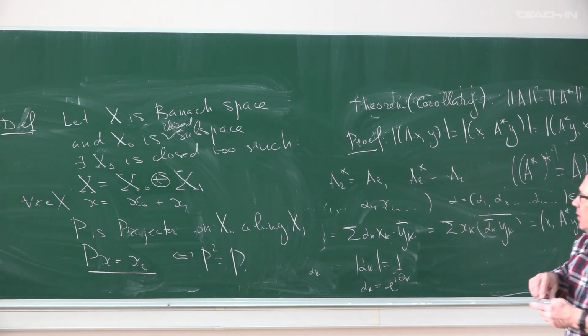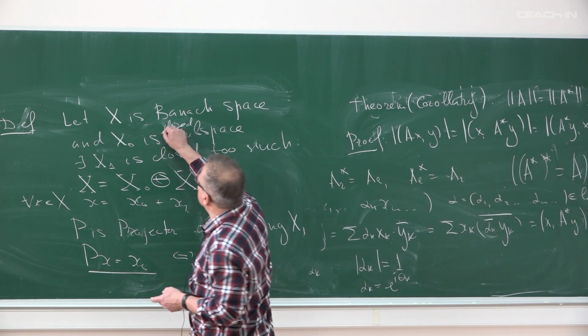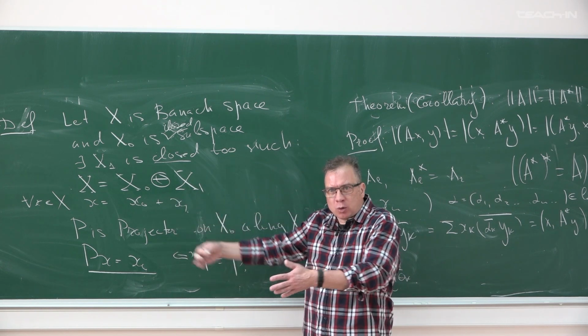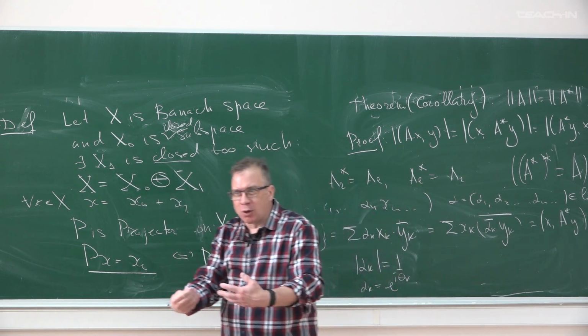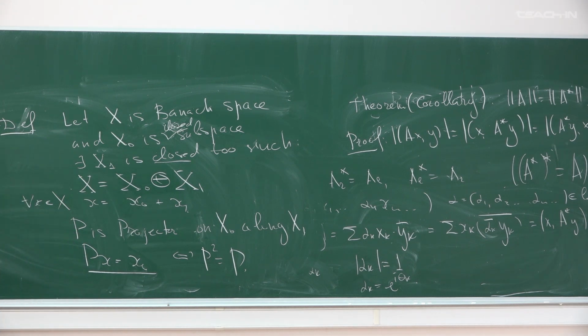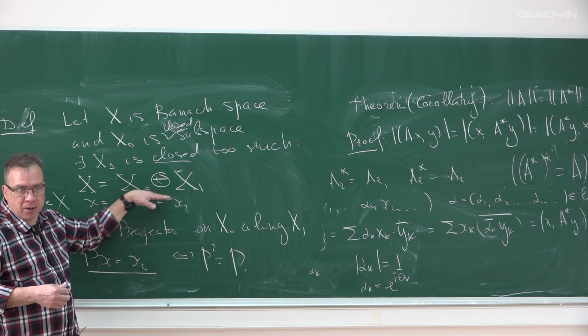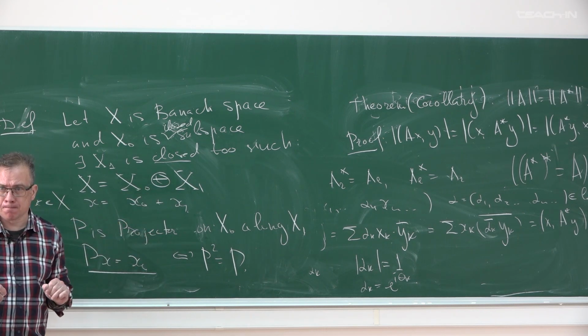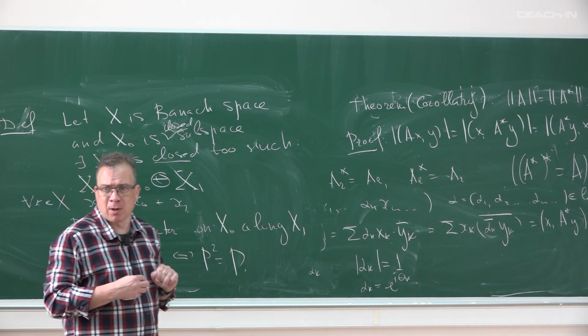Why do I take this? Because if you see the definition, we do not use closedness, these properties of operator, of subspaces. We can define it without any closedness. If you have a direct sum of any subspaces, you can define a projector.